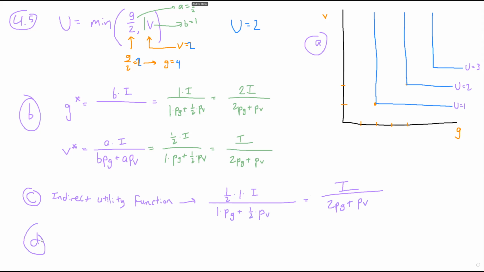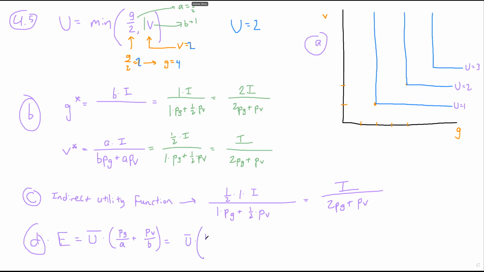Okay, and then I'm sure it wants some sort of expenditure function. Calculate Mr. A's expenditure function. Cool, great, I have that in my cheat sheet. Expenditure function for perfect complements is U bar times PX, or I guess PG, over A plus PV over B. In this case, we don't know what U bar is, we leave it as U bar.